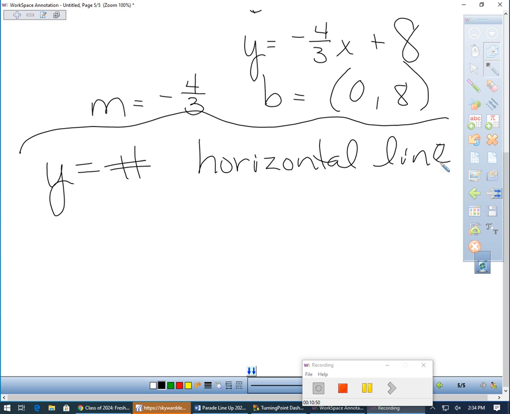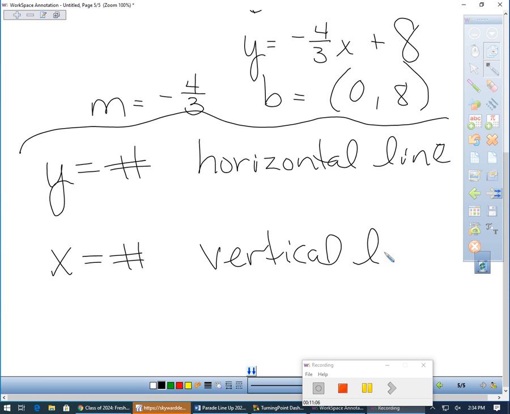It's just y equals 4. And it's a line that crosses only through the y-axis, okay? If I have x equals a number, that's a vertical line, because again, it doesn't involve y at all, and it only crosses through the x-axis, all right?